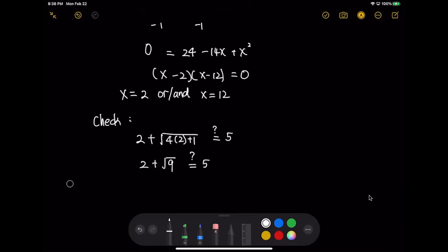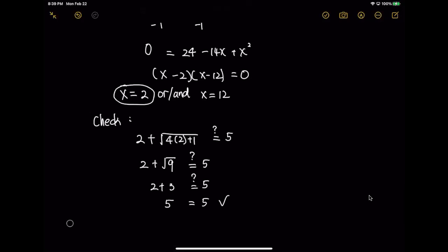Square root of 9 is equal to 3. 2 plus 3 is equal to 5. So 5 equals 5. So we know that x equals 2 is a solution, one of the solutions, or maybe the only solution. And now we next check 12.